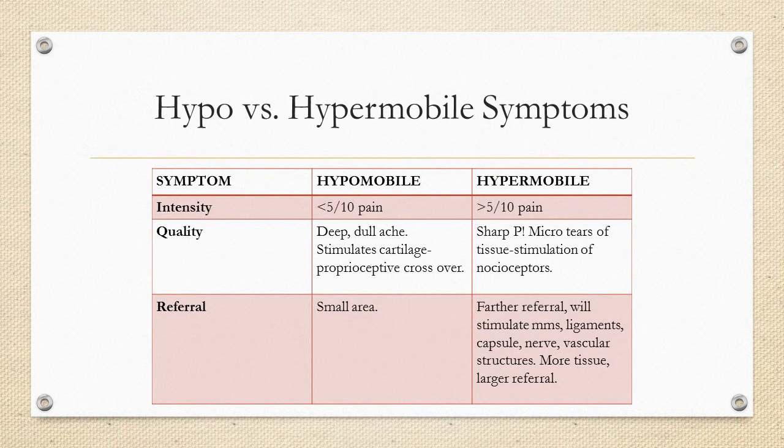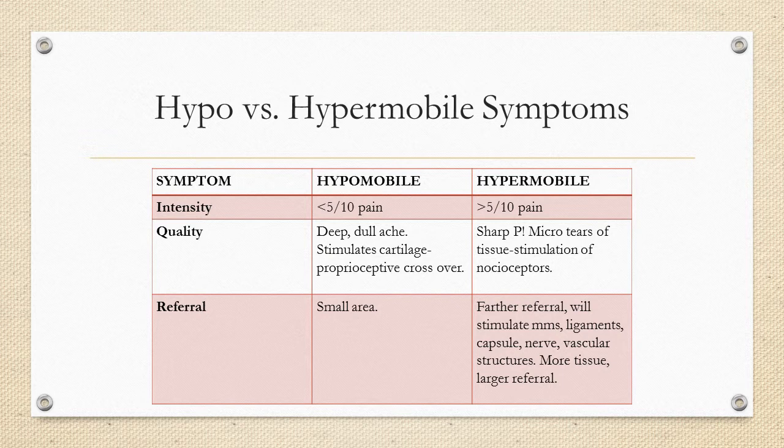With hypomobility, it tends to be less painful, 5 out of 10 or less. It's that deep, dull, achy type of discomfort or pain report, and that's because it's stimulating cartilage, and you get a proprioceptive crossover. Usually, the referral pattern is in a small area. With hypermobile symptoms, it's typically a higher level of pain, greater than 5 out of 10.